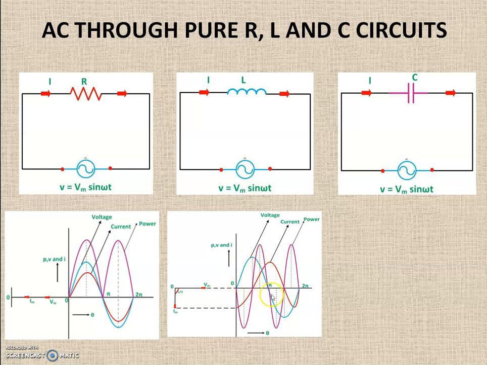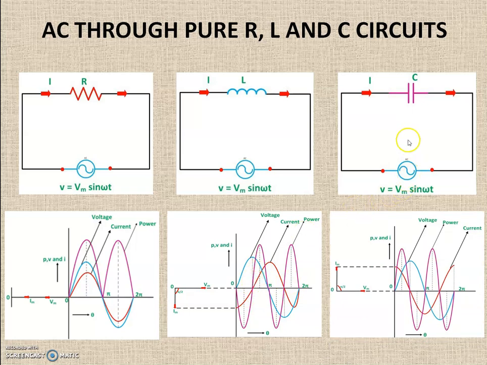This is the voltage curve and this one is the current curve. The power waveform is shown here, but there is a difference compared with the pure resistive load. Here the power becomes negative, then positive, negative, then positive. So the power has both positive and negative parts. That is the main difference.